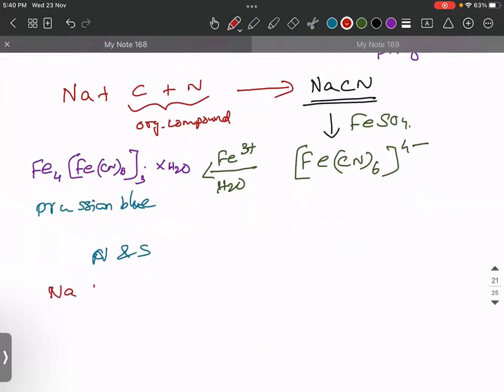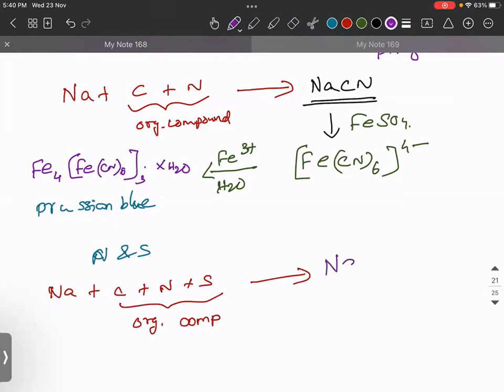Sodium metal, carbon, nitrogen plus sulfur from the organic compound gives NaSCN, sodium thiocyanate. This is sodium cyanide.